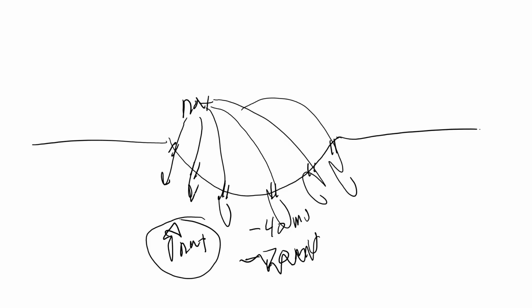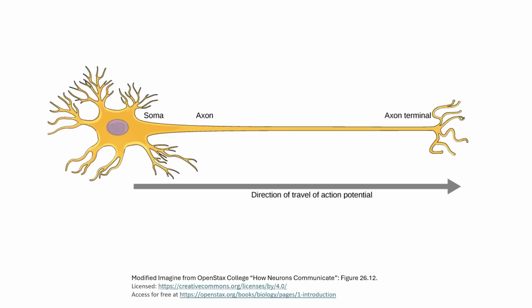And now we need to talk about something that is oftentimes not addressed in the appropriate way that it should be. When it is said that a neuron has a resting membrane potential around negative 70 millivolts, that means every portion of that neuron has a resting membrane potential of around negative 70 millivolts.